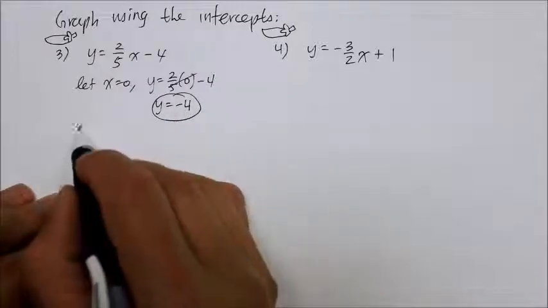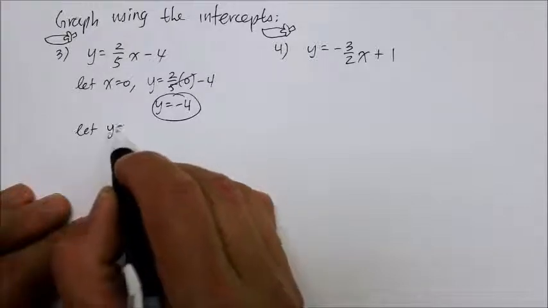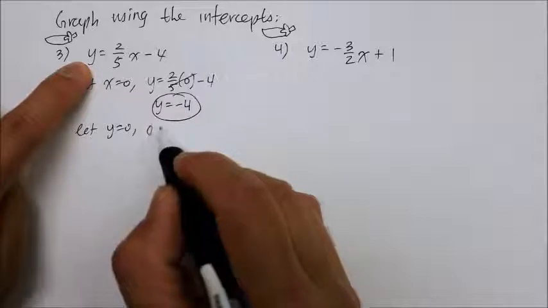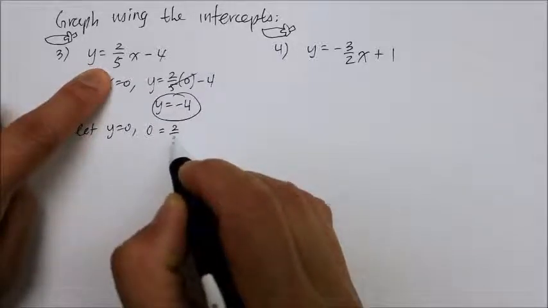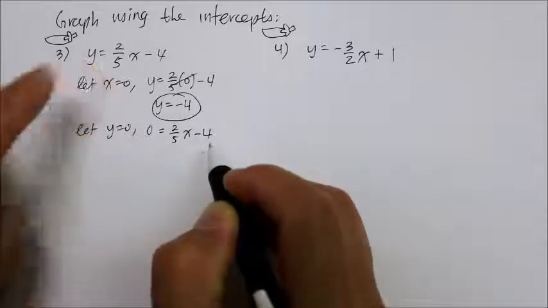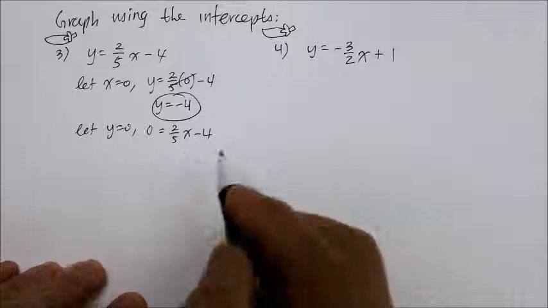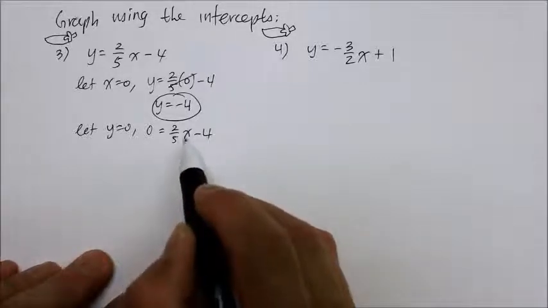However, now to find the x-intercept, you have to let y equal 0. This y is now a 0. So you end up with 0 equals 2/5 x minus 4. What now? Yes, you have to solve for x.